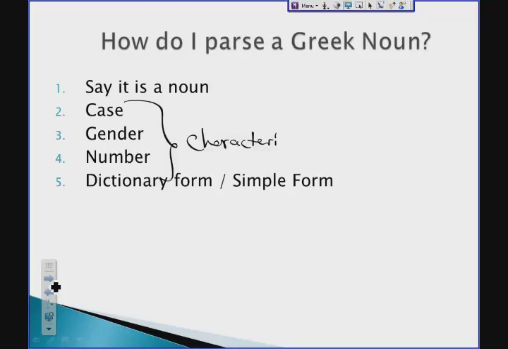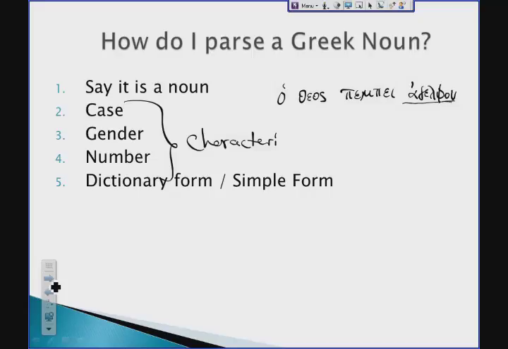Say, for instance, you have the sentence ho theos pempei adelphon. God sends a brother. Pempo, pempeis, to send. Okay? And I underline adelphon and say, parse it for me.